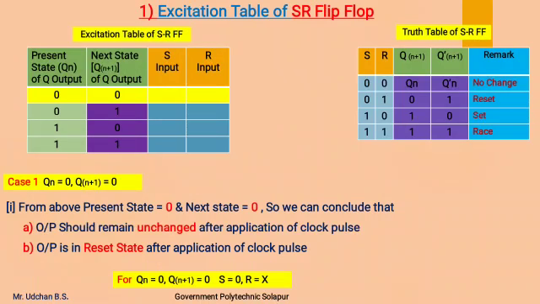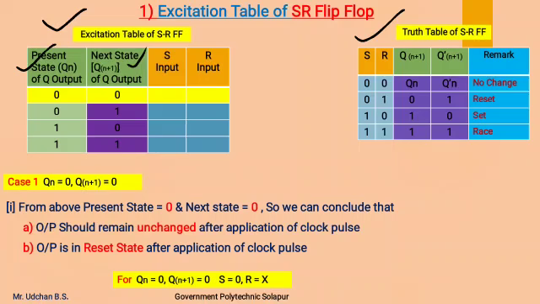Now we will see how to find the excitation table of SR flip-flop, in which we are going to use the truth table of SR flip-flop to have the excitation table. The excitation table consists of the present state of the Q output, that is Qn, and the next state of the Q output, that is Qn plus 1.